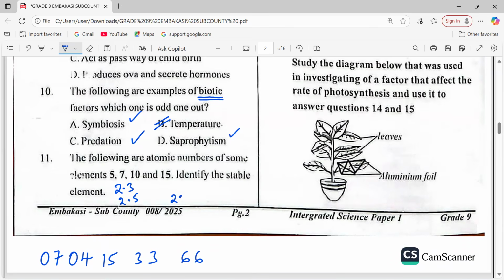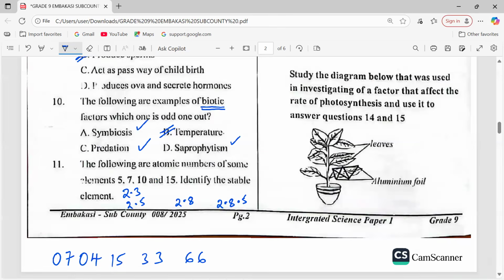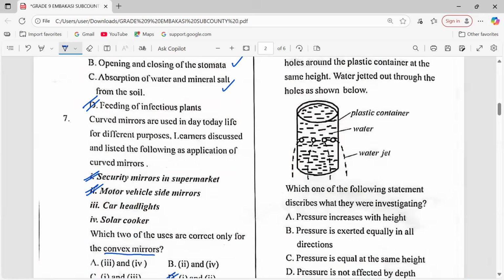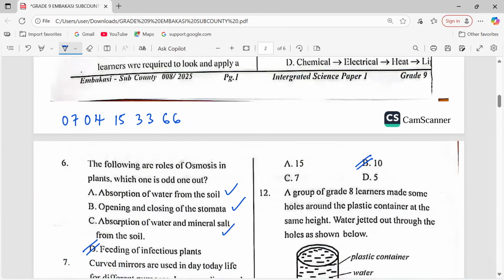With 10, you shall have 2, 8. And with 15, you shall have 2, 8, 5. So it is only the one with 10 which is stable because it has the outer energy level fully filled, making B the right answer.